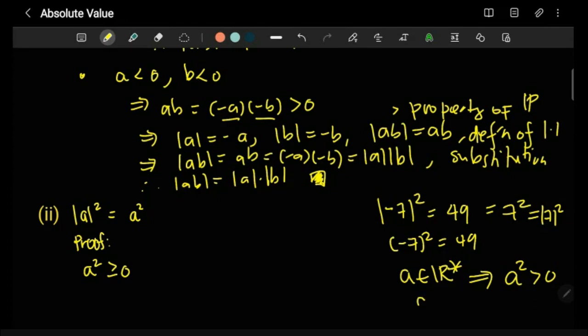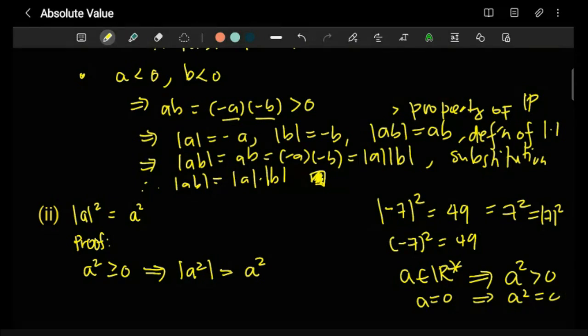But if A is equal to 0, then A squared is equal to 0. That's why A squared is always greater than or equal to 0. Well, if that is the case, then A squared is positive. So that means the absolute value of A squared must be equal to A squared. Right? Kasi positive siya eh, yung A squared.